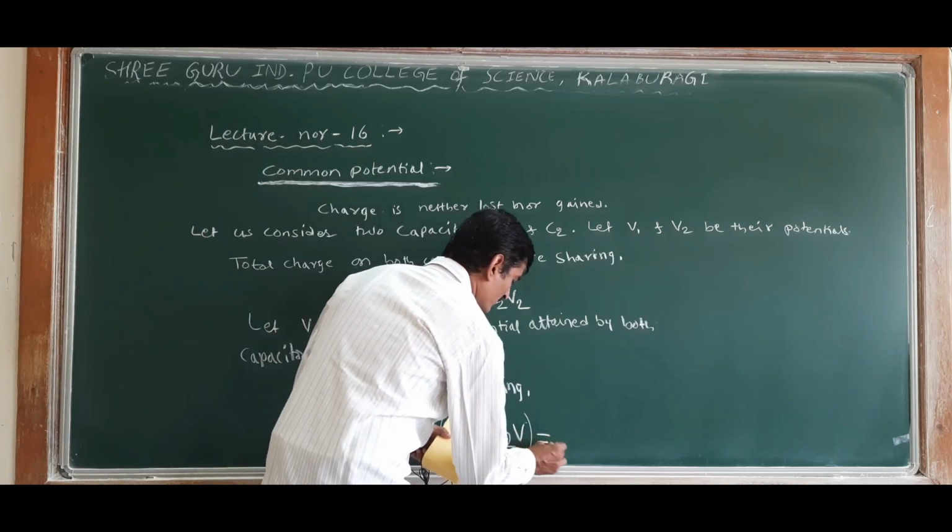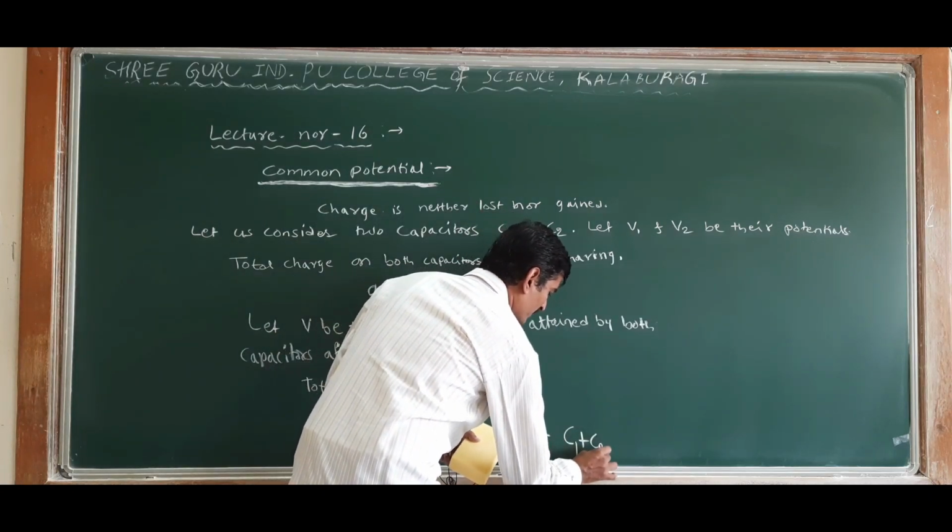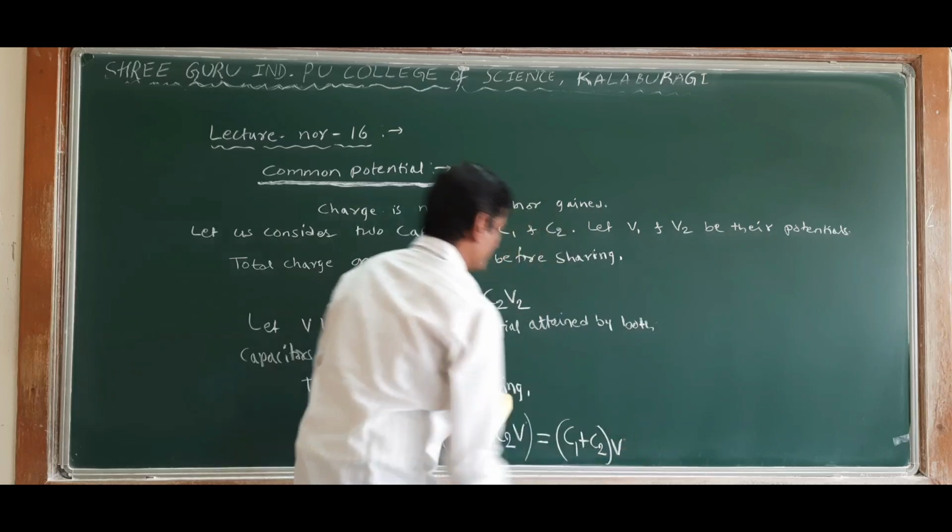Taking V common, it is C1 plus C2 into V.